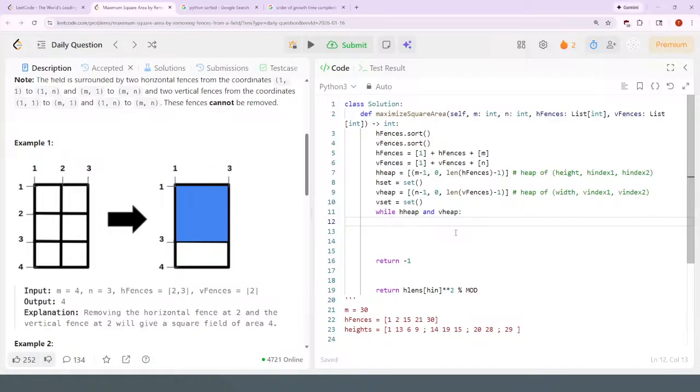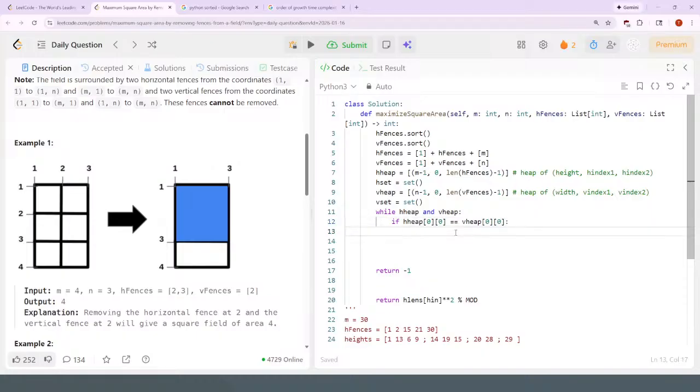Okay, while there is something at the top of each of the heaps, if H heap at 0, 0 is equal to V heap at 0, 0, which is perfect, then the side length is going to equal H heap at 0, 0, right?